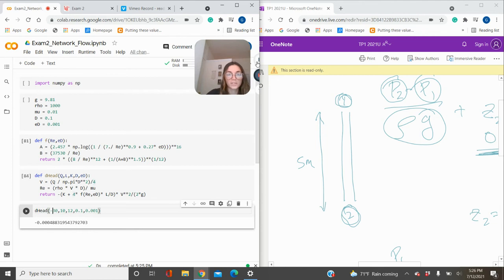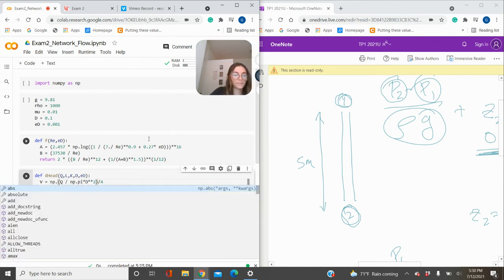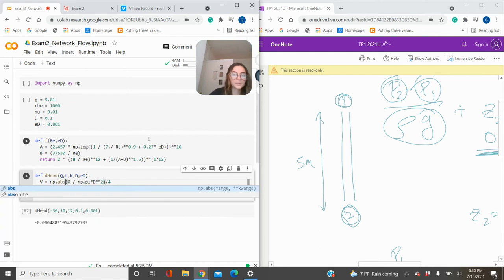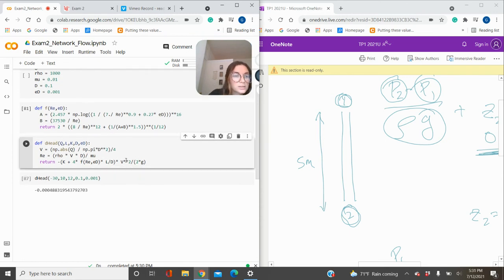So we're going to use np.abs, the absolute value. Maybe a parentheses here. We'll run it again to see. Okay, so our syntax looks good.